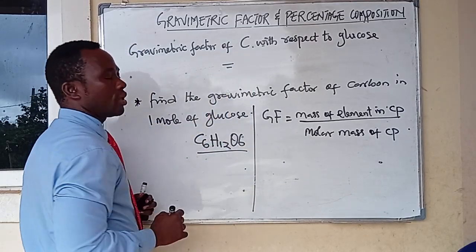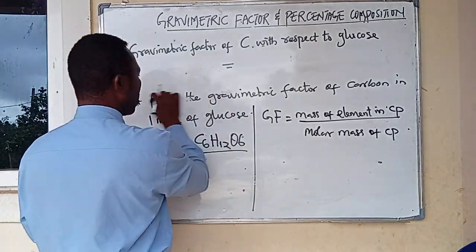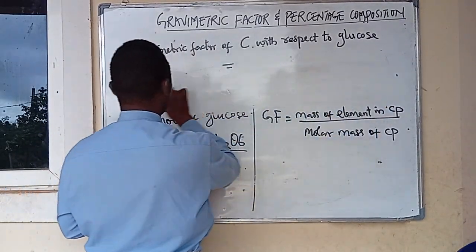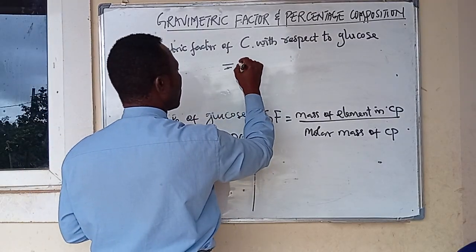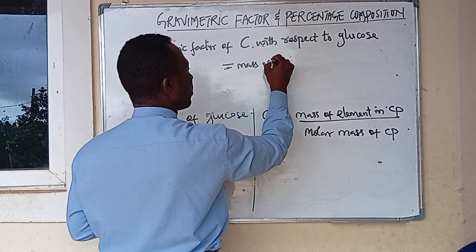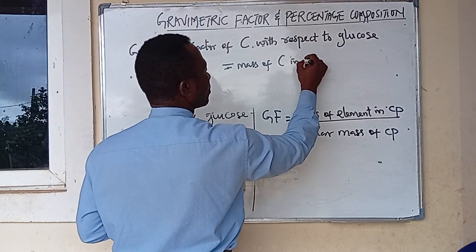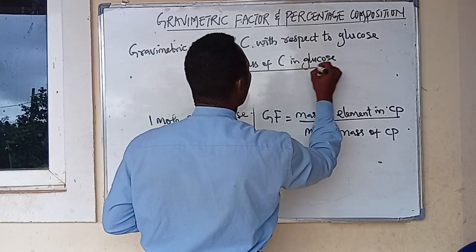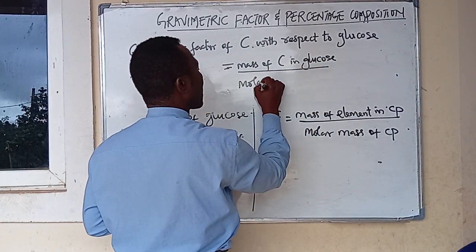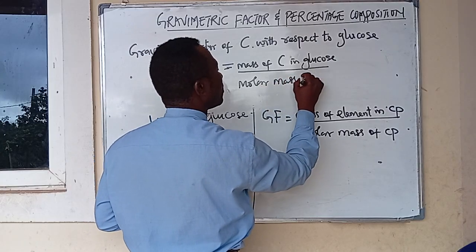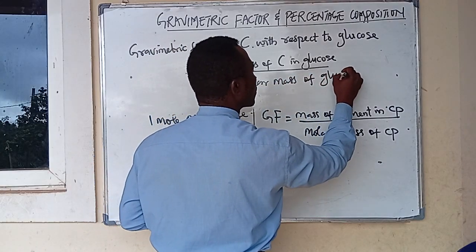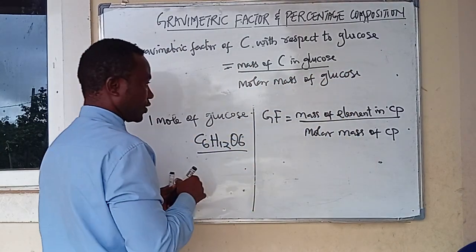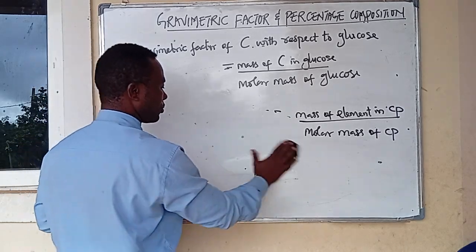This will be equal to mass of carbon in glucose, all over molar mass of glucose. So that is what it will become.